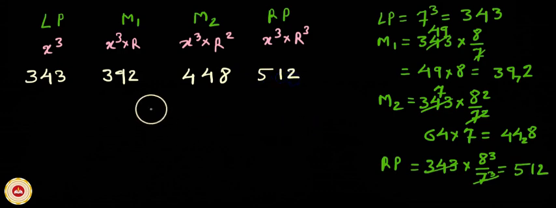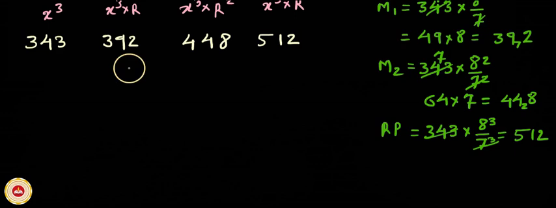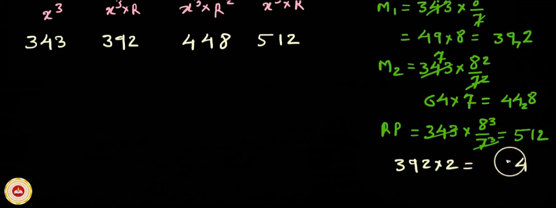512. Now, the fifth step is to multiply the first middle part by 2 and multiply the second middle part by 2. 2 multiplied by 392, write the value here, and 2 multiplied by 448, write the value here. 392 multiplied by 2: 2 2s are 4, 2 9s are 18, okay, and 2 3s are 6 plus 1, 7. 784.